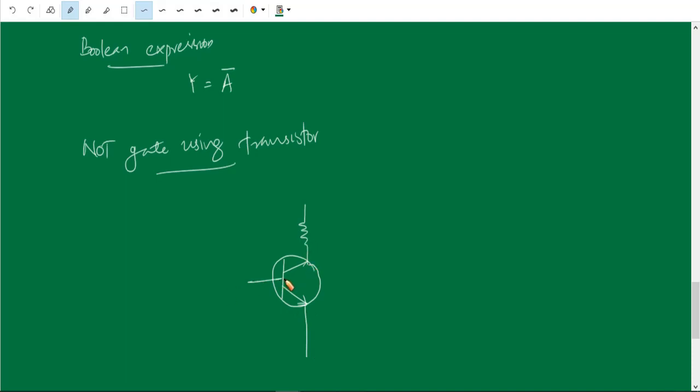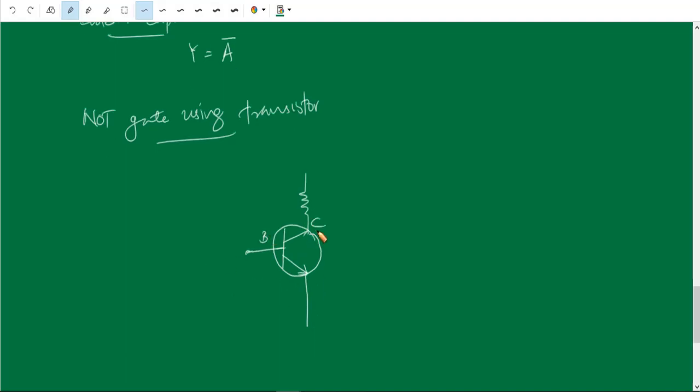The base is the input, and the collector is connected to the high voltage plus 5 volt, VCC, through a resistance RC. The output is taken from the collector. So this is the output Y, and the emitter is grounded. This is a NOT gate.